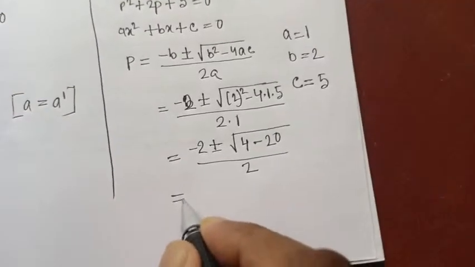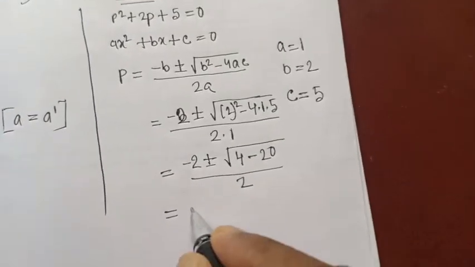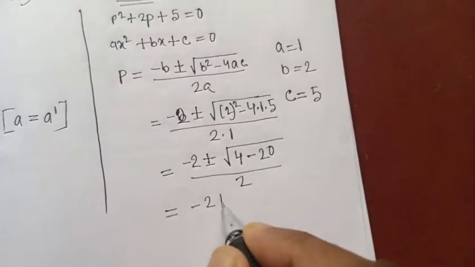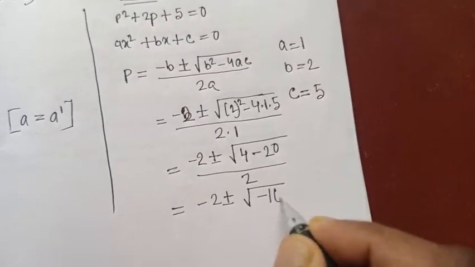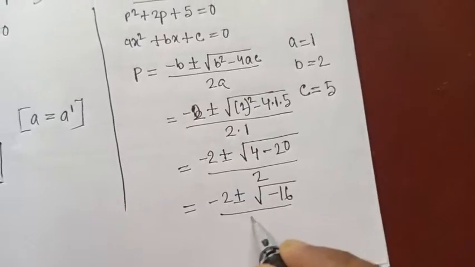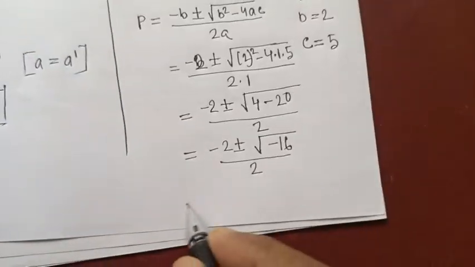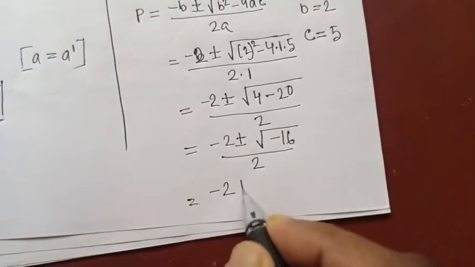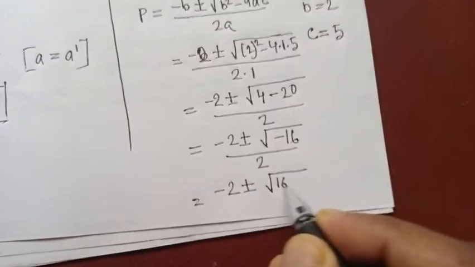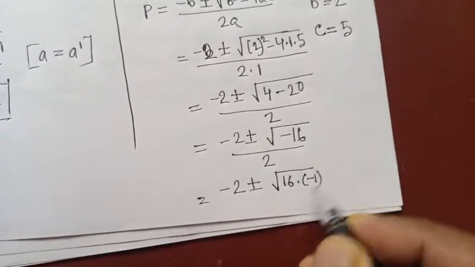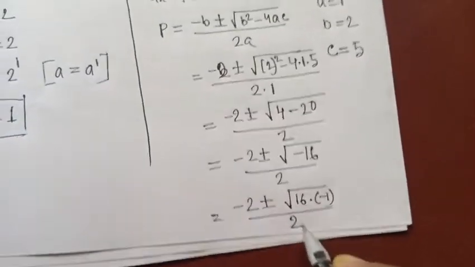So now p equals minus 2 plus minus root over minus 16 by 2. We can write minus 16 as a multiple of 16 into minus 1.